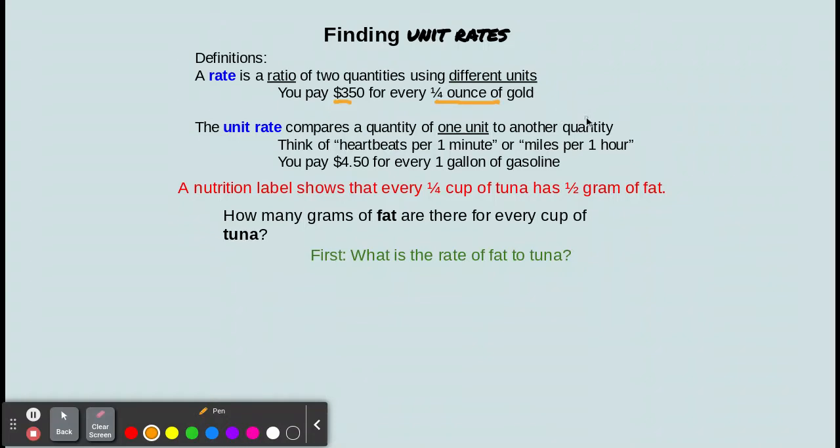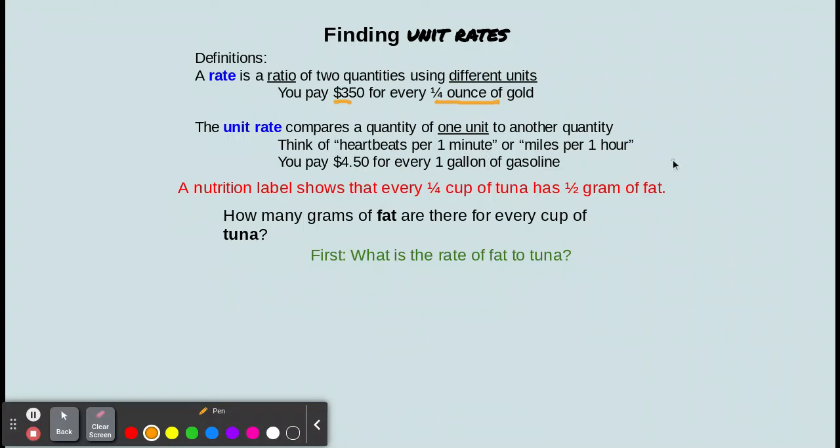Now, a unit rate compares a quantity of one unit to another. So if you were to do some running or some exercise and your heart rate goes up, to find the heart rate, you count how many heartbeats you have in 1 minute. So heartbeats per minute.